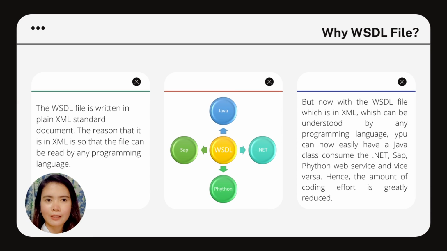WSDL is just like what it means. It tells the client what a web service does. With the help of WSDL, it provides the client the information it needs and the requirements for connecting to and using web services.